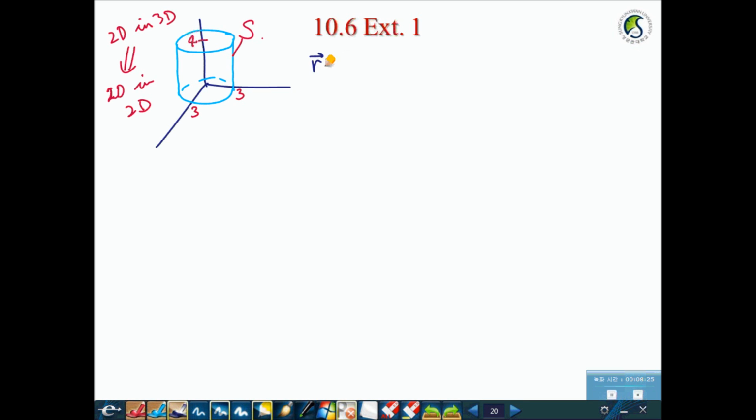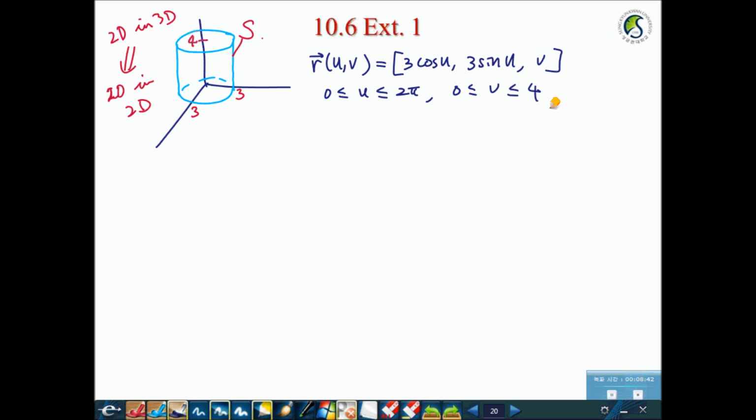So let's take the cylinder. This is a cylinder, so let's take cylindrical coordinates: 3 cosine u, 3 sine u, v, with u from 0 to 2 pi and v from 0 to 4. So the area is, as we just learned, a double integral of the length of r u cross r v, du dv.